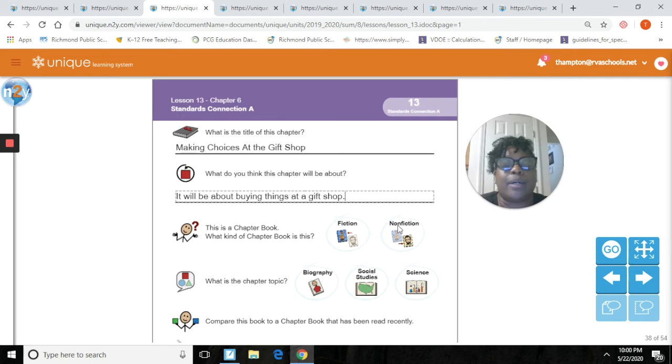Now, I want you to think about these two types of books, okay? A fiction book is what kind of book? Did you say it's a make-believe book or an imaginary book, a book that's not real? That's correct, if you did. What kind of book is a nonfiction book? Did you say it's a book that's based on actual facts, something that is true, that really happened?